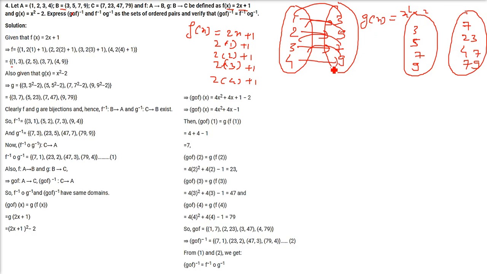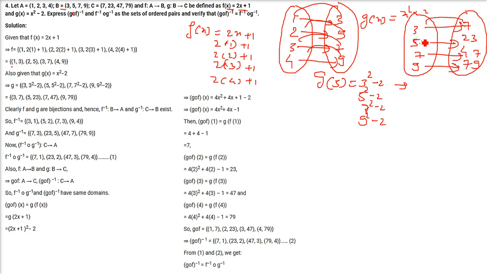We'll put 3, 5, 7, 9 in place of x in x square minus 2 and find the corresponding value in set C. So 3 square minus 2, 5 square minus 2, 7 square minus 2, and 9 square minus 2. So 3 threes are 9, 9 minus 2 is 7; 25 minus 2 is 23; 49 minus 2 is 47; and 81 minus 2 is 79.